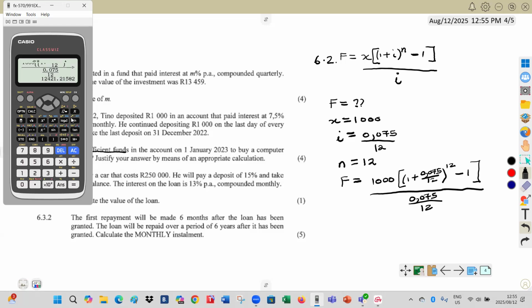Then the answer that we are going to have is 12,421.22. Always remember that our money must be given to 2 decimal places.